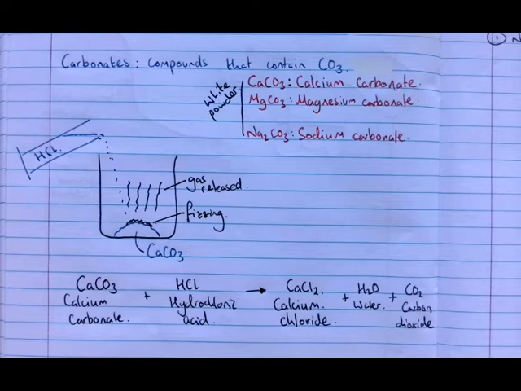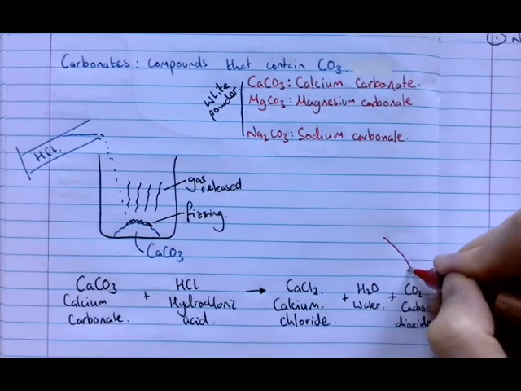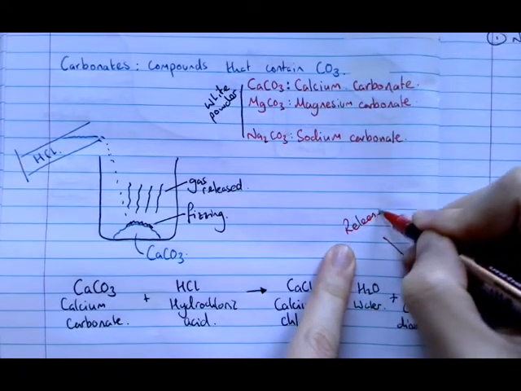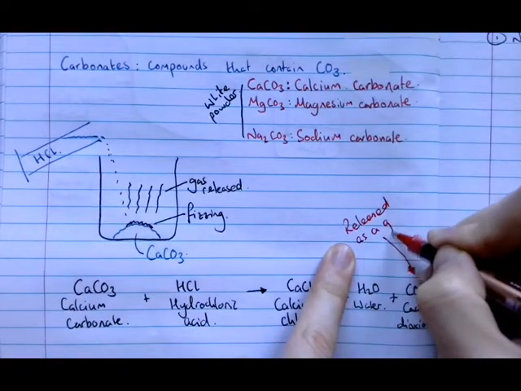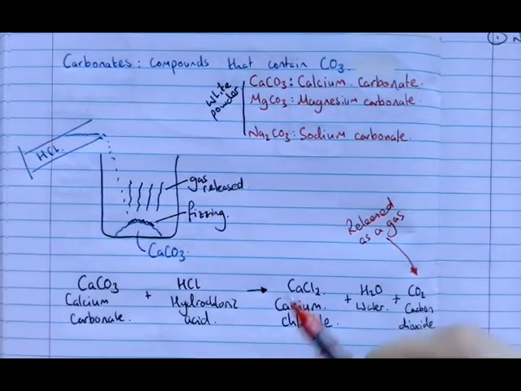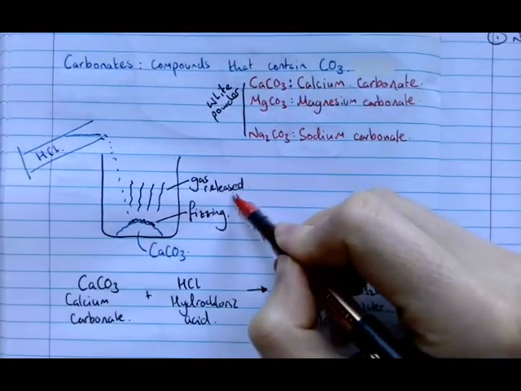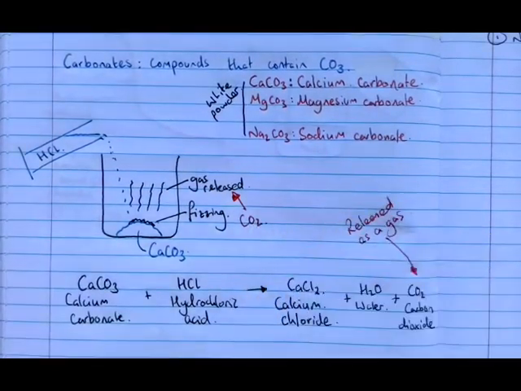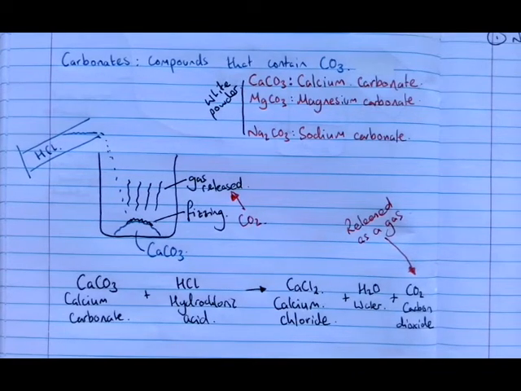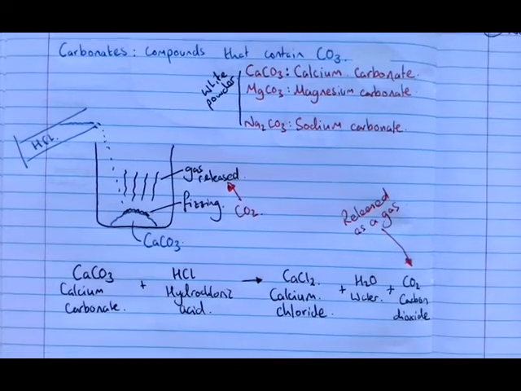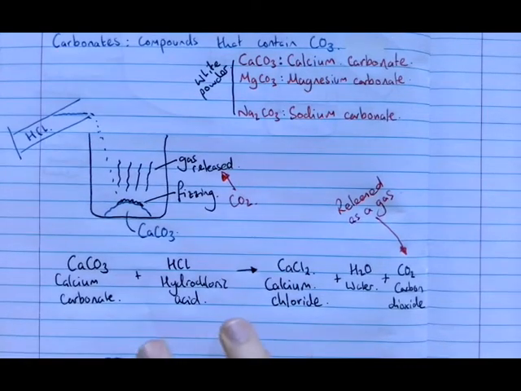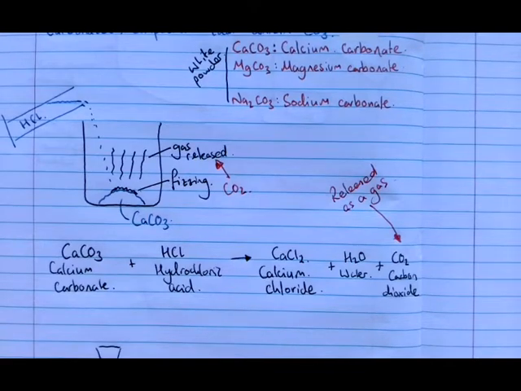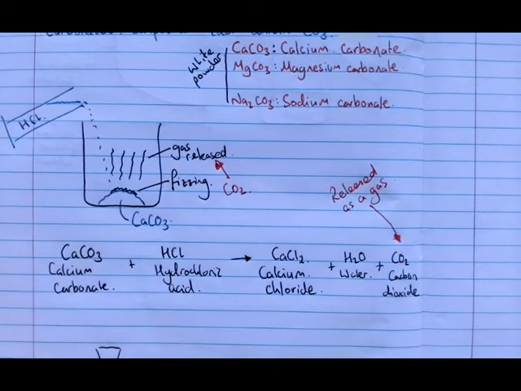And it is this carbon dioxide that is released as a gas. All right, so this gas, the one that you see coming off when we do the reaction, that is carbon dioxide. Okay, so first things first, is this equation balanced? Doesn't look like it, so if you pause the video now, you can have a go at balancing that equation.